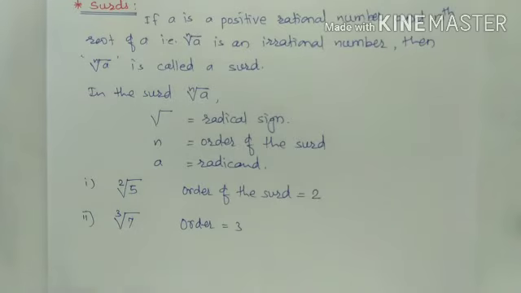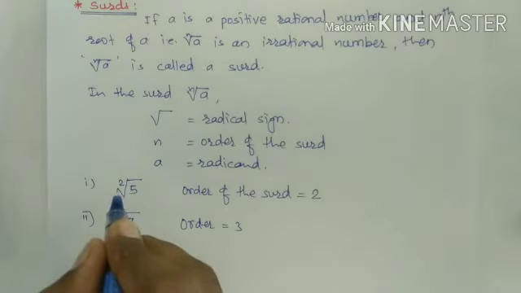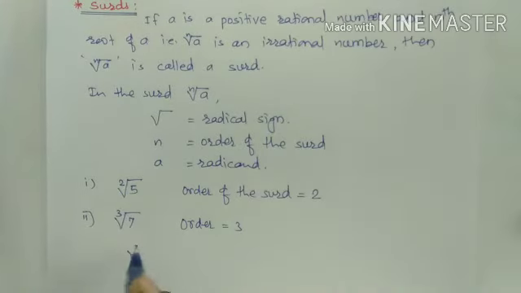Now in this standard we are going to study about the surds of order 2 only. It means that this root 2, root 3, root 5, root 7, etc. या स्टँडर्डमध्ये आपण फक्त ऑर्डर 2 असणाऱ्या सर्ड्सचाच अभ्यास करणार आहोत.